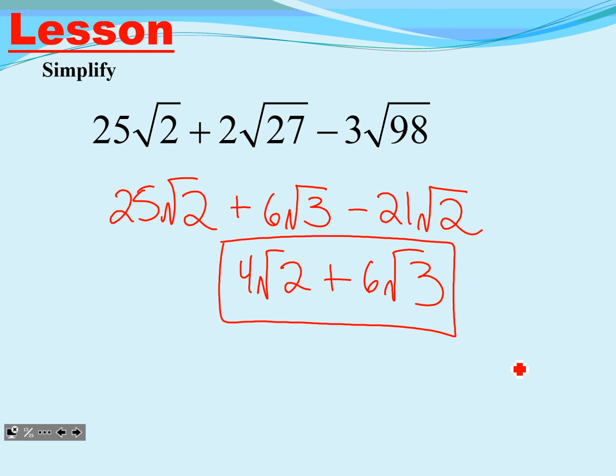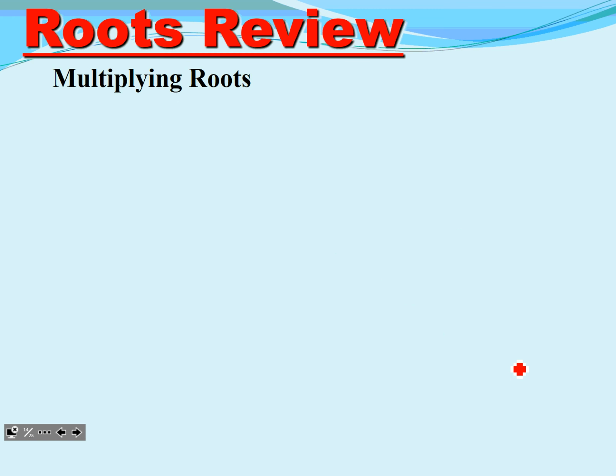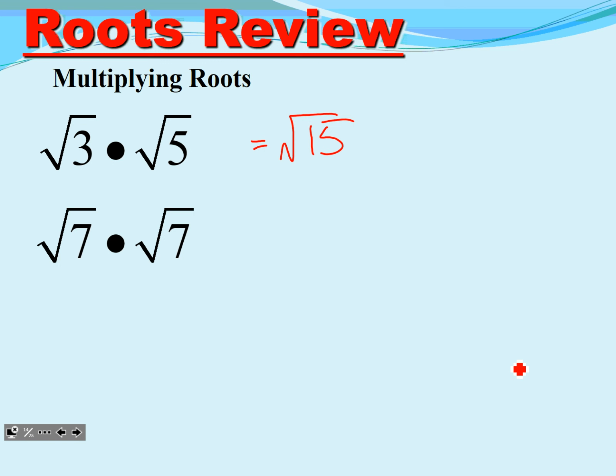Let's see if you guys remember how to multiply roots now. To multiply roots, it's fairly easy. You just multiply radical times radical, or root times root. So root 3 times root 5 is equal to root 15. Root 7 times root 7 equals root 49, which can be simplified to 7.